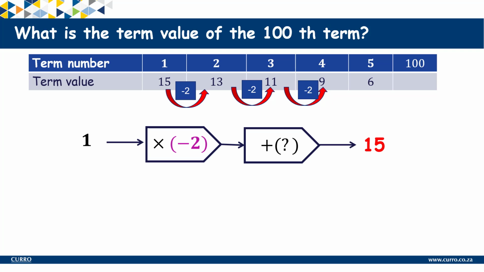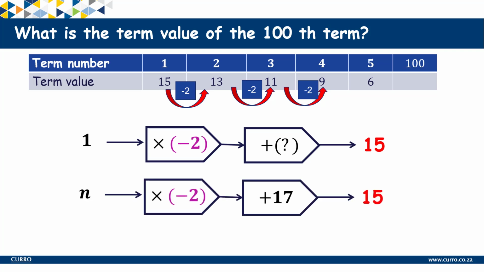So what do we do to get 15? We add 17. So we found our rule or our algebraic expression. So instead of term number, let's use n. So n is the term number. We multiply by negative 2 and add 17.